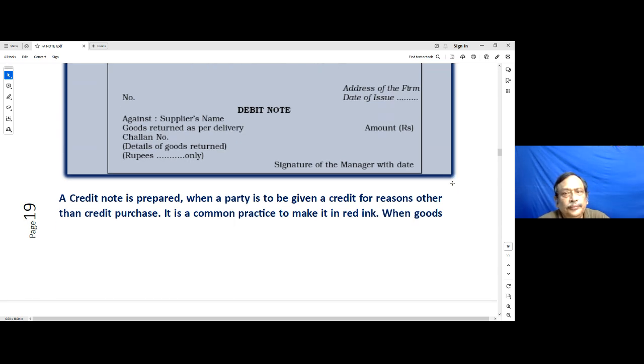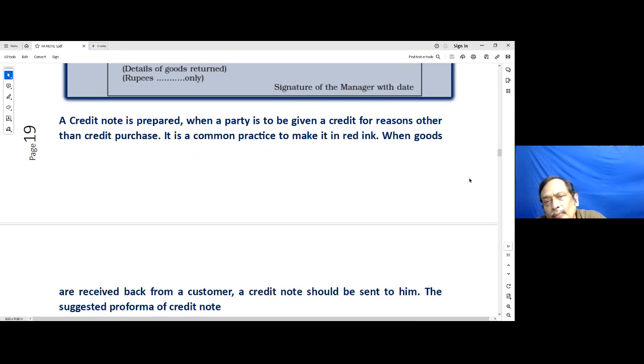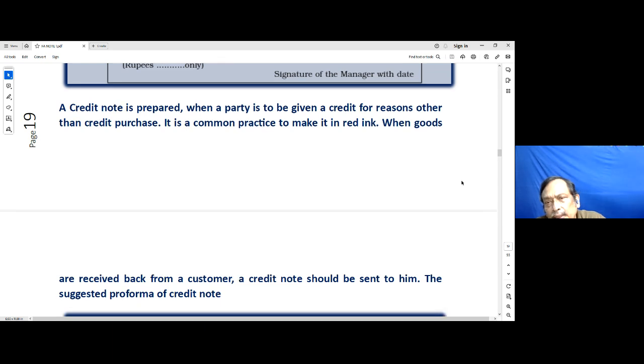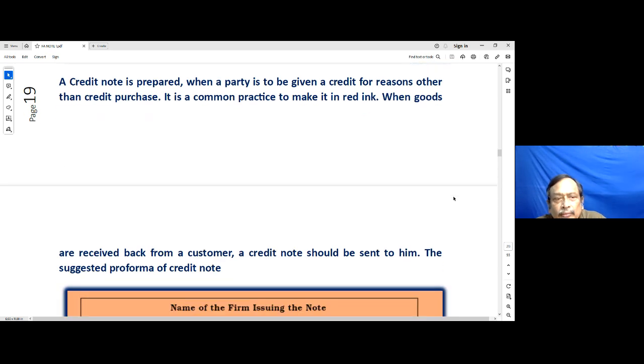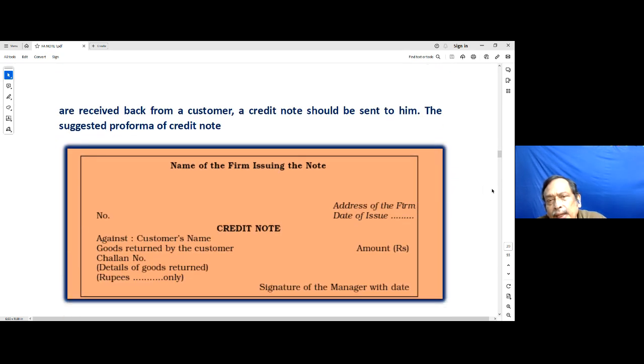then supplier's name, goods returned as per delivery challan number, details of goods returned, rupees, and signature. Similarly, a credit note is prepared when a party is to be given a credit for reasons other than credit purchase. It is a common practice to make it in red ink. When goods are received back from a customer, a credit note should be sent to him.